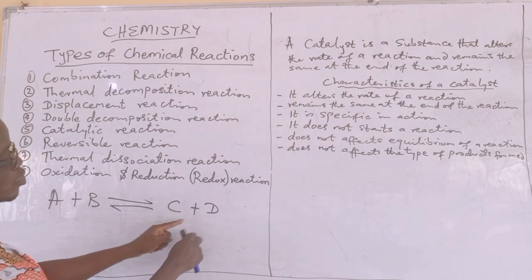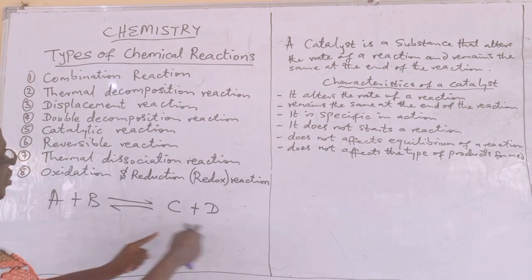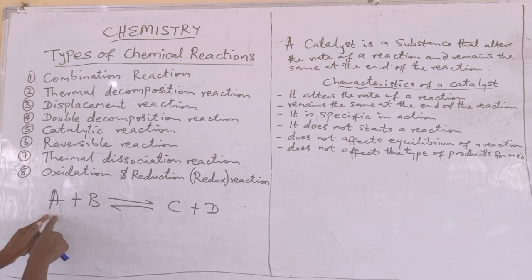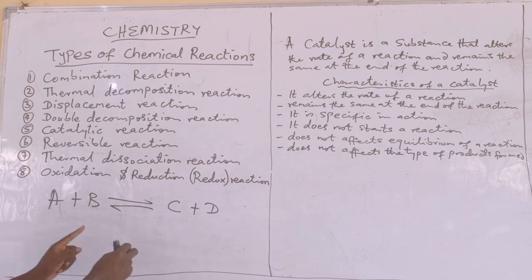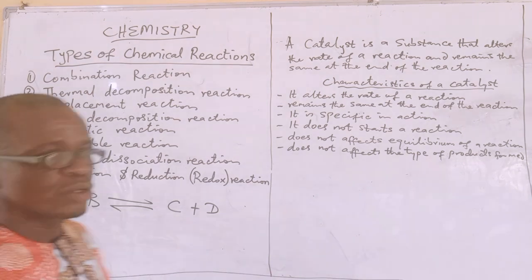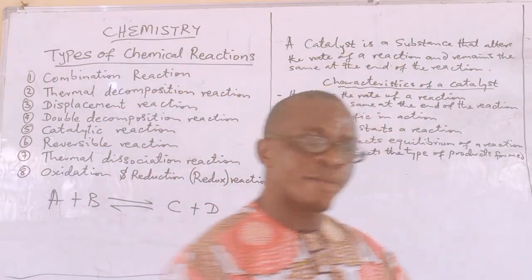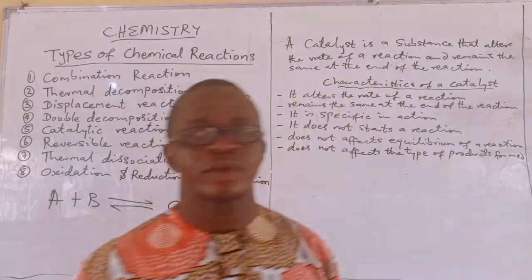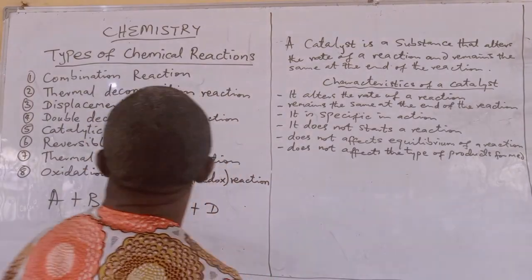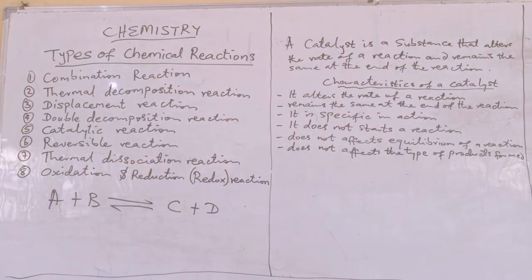Now C will also react with D to form A and B. So now the reaction is going forward, coming backward, going forward, coming backward. That's the type of reaction that reversible reaction is telling us about.